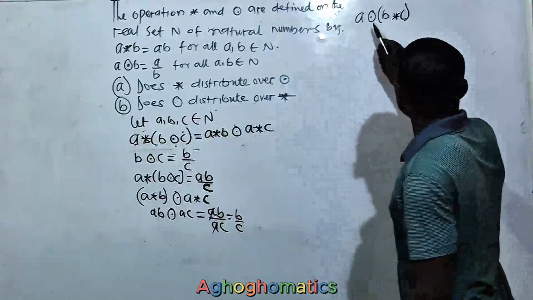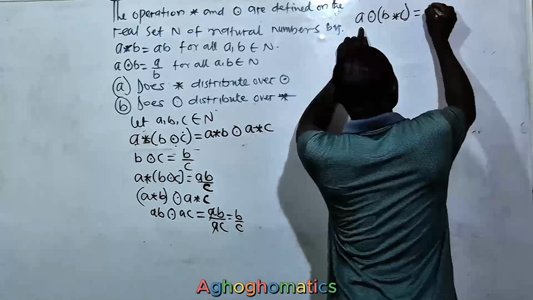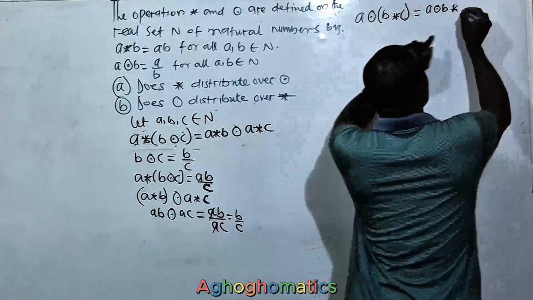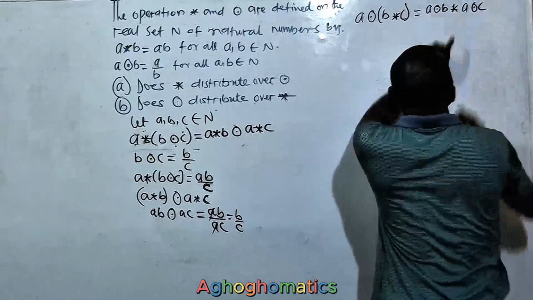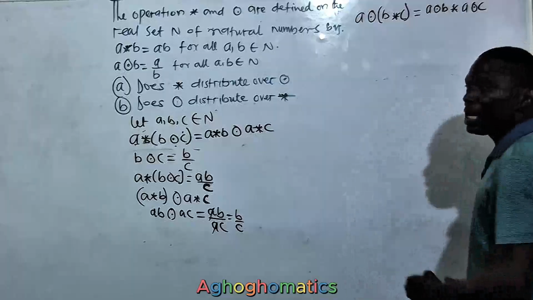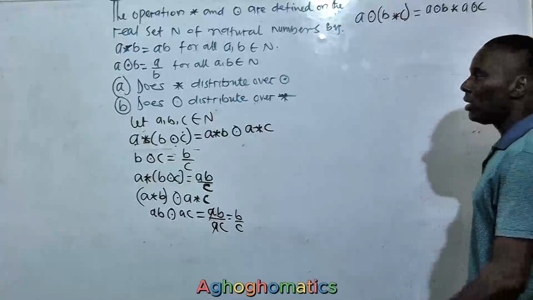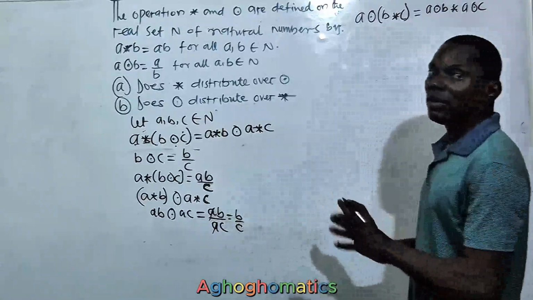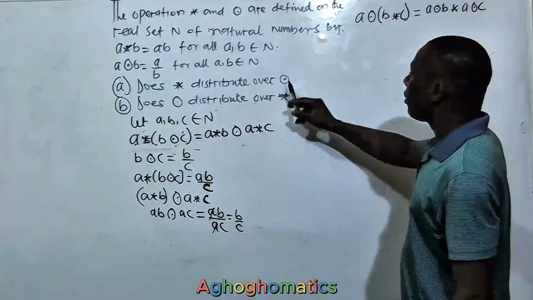This A operates upon B asterisk C. It simply means this operator A, B is distributive over the same thing as A, C. We first do this, and we also operate this to see if they are the same. Once they are the same, this operation is distributive. Otherwise, they are not. We see that B over C and AB over C are not the same. That means the operation star is not distributive over this.